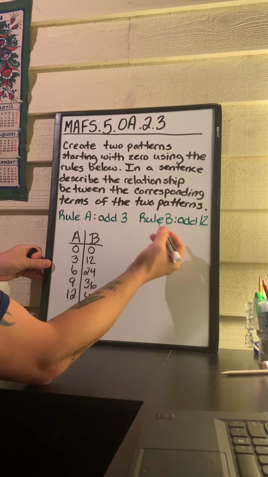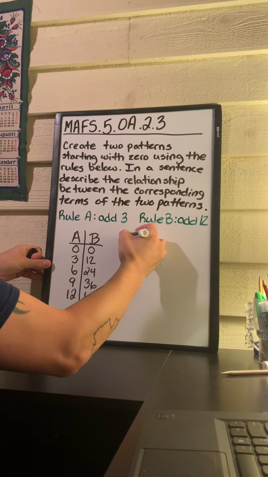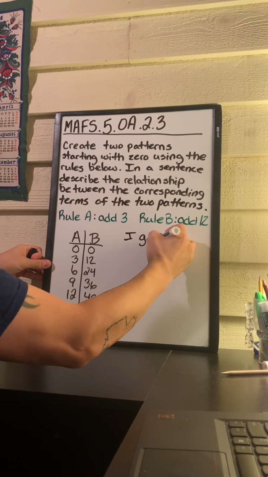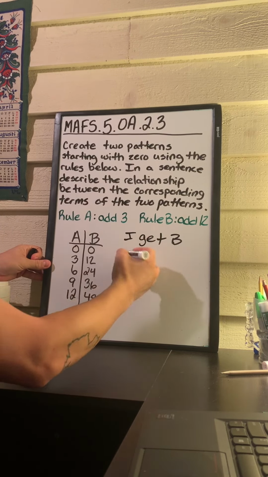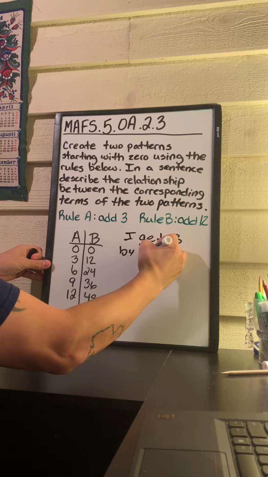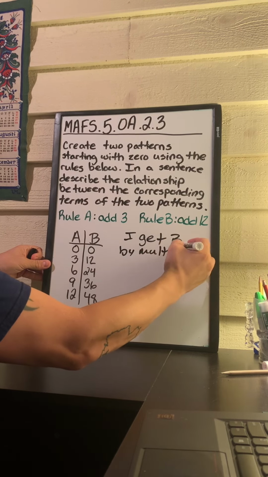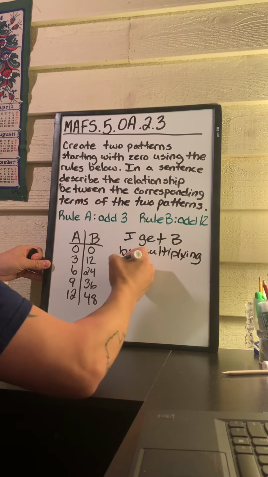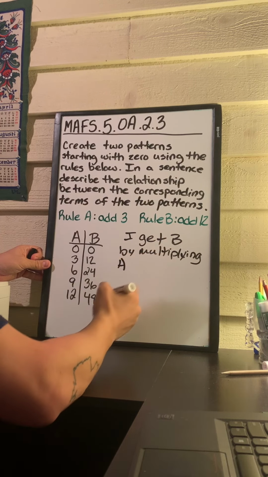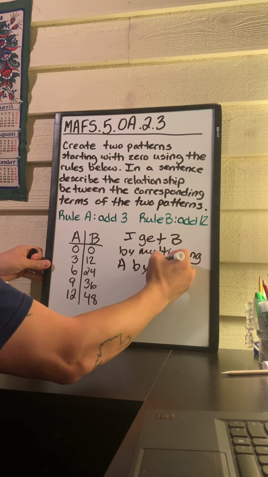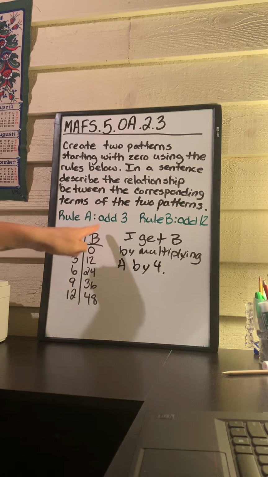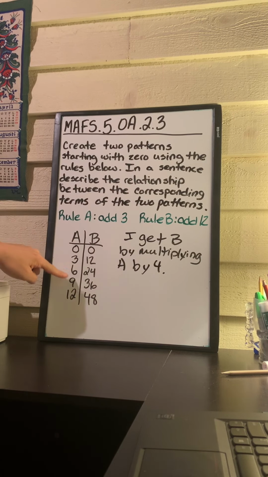So I can say I get B, these right here, by multiplying A by 4. So I get B over here by multiplying all of these A's by 4. So 0 times 4 is 0, 3 times 4 is 12, 6 times 4 is 24, and so on.